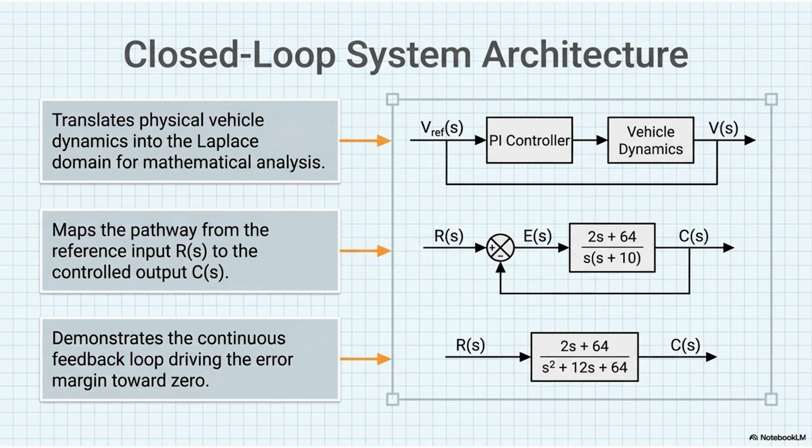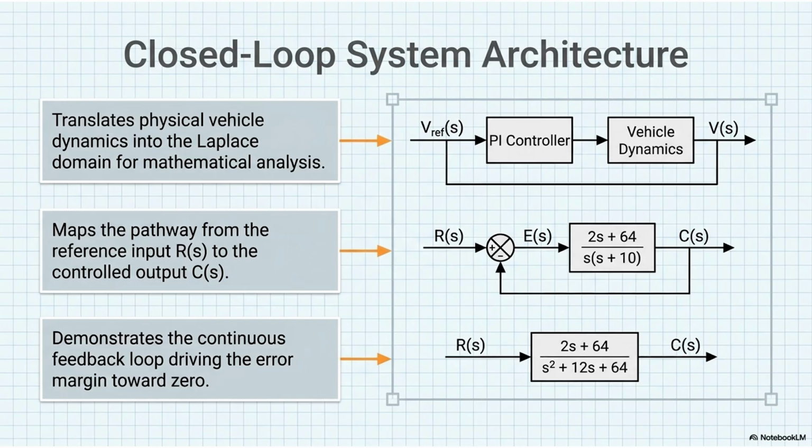Here we can see the closed-loop system architecture. This block diagram translates the physical vehicle dynamics into the Laplace domain, which allows us to perform mathematical analysis. The diagram maps the pathway for our reference input, R(s), to the control output, C(s).